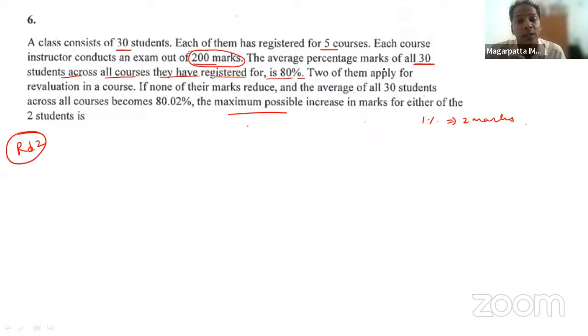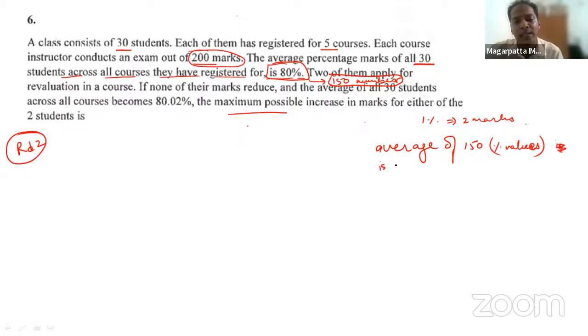Now, the average marks of all 30 students across the 5 courses. Can I say this is the average of 150 numbers, or 150 percentage values, and it is 80%?